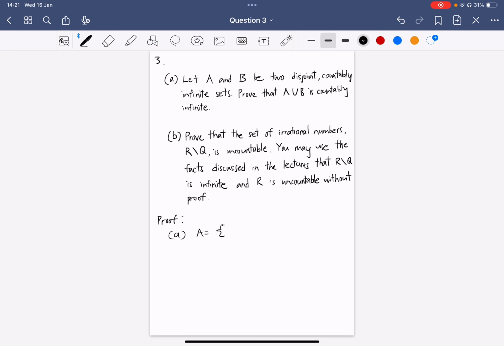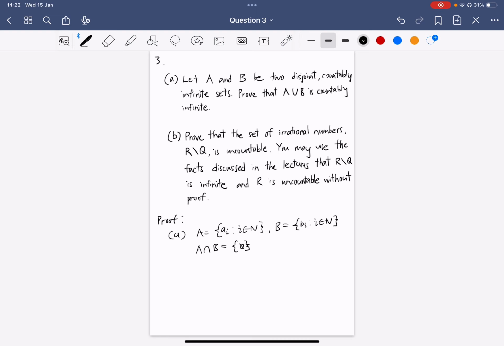We know that the set A is countably infinite, right? Same thing with B. And because they are disjoint, the intersection of A and B would only have the null element, right?